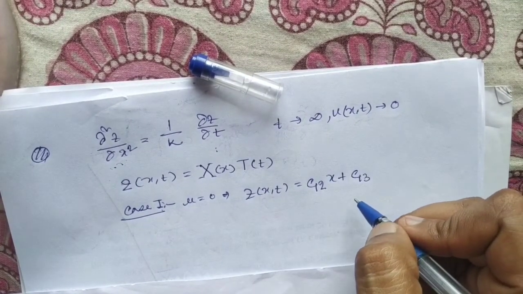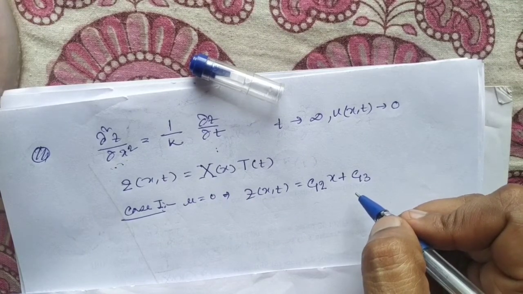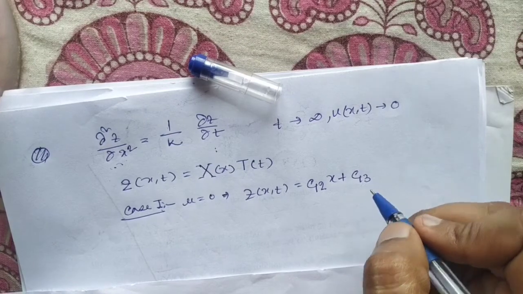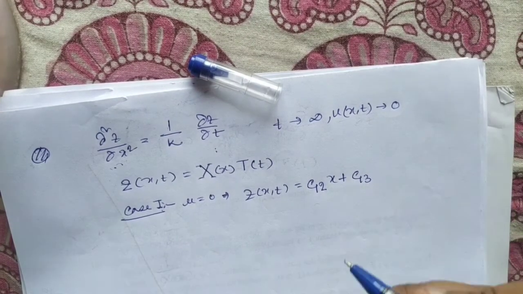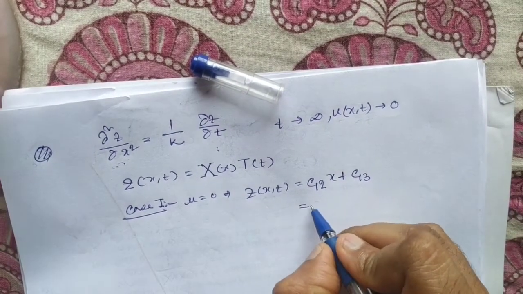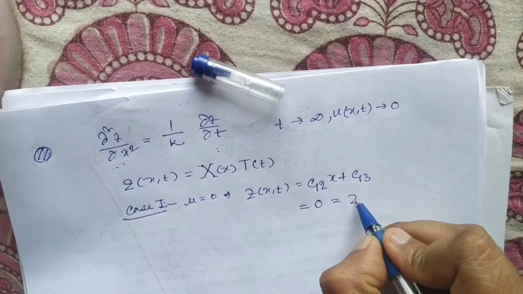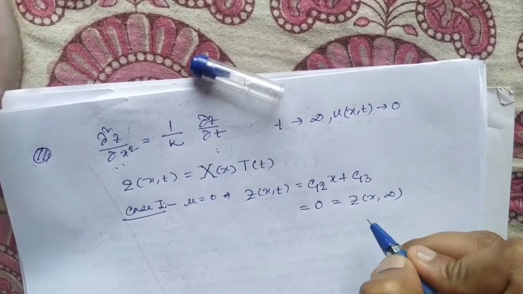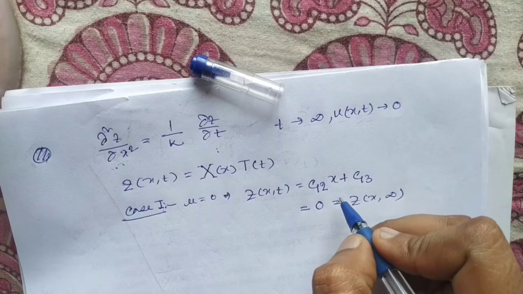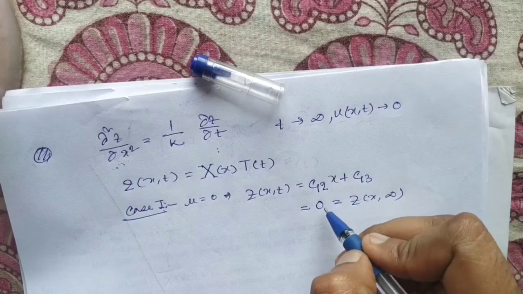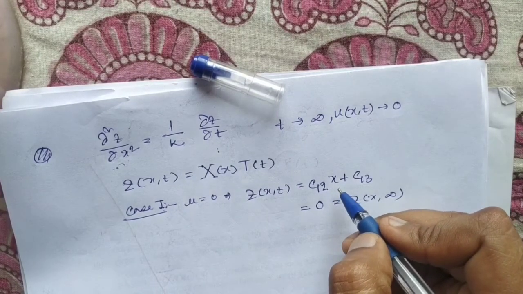See, there is no way that you can impose some value of t, and it is showing that this will not go to 0 for that. This is equal to 0 at x infinity. So this is true for every possible x, right?